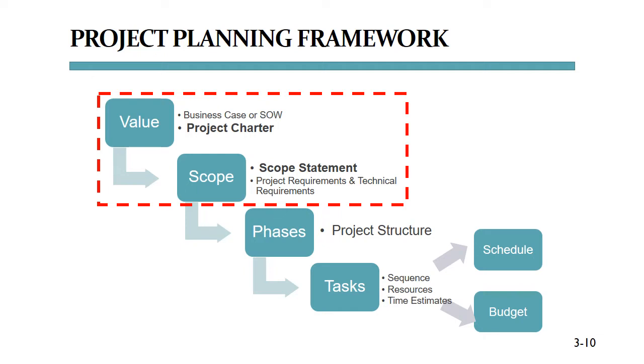In order to develop these phases and include tasks into these phases to end up with an actual project schedule, we're going to have to define what these tasks are, then sequence these tasks, identify resources who are going to execute on these tasks, and then develop time estimates based on the resources' skill set and their availability that will allow us to come up with a good schedule, and that will allow us from the schedule then to develop the project budget.